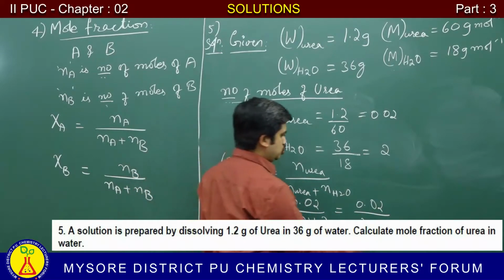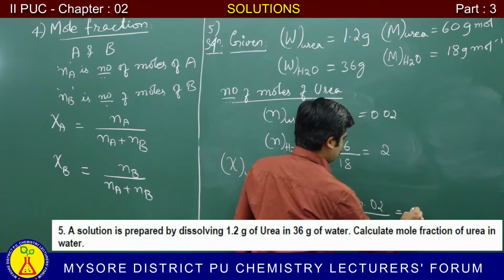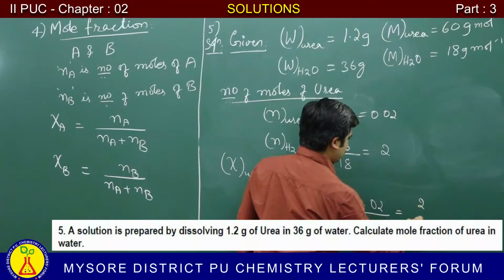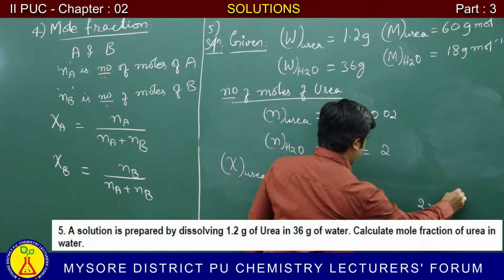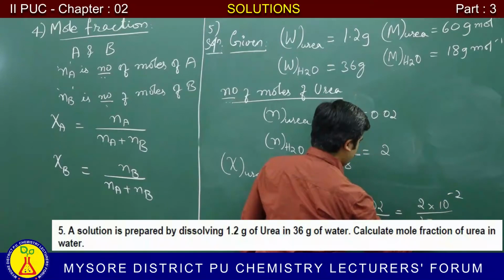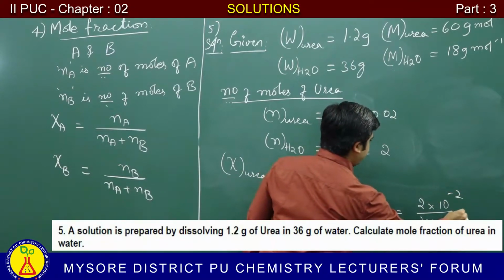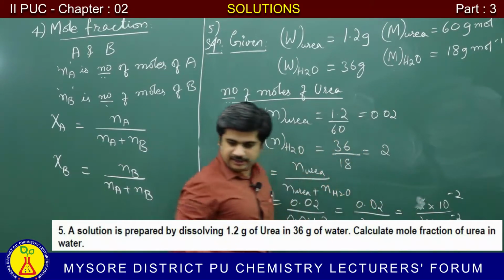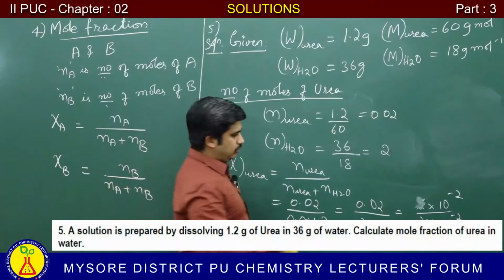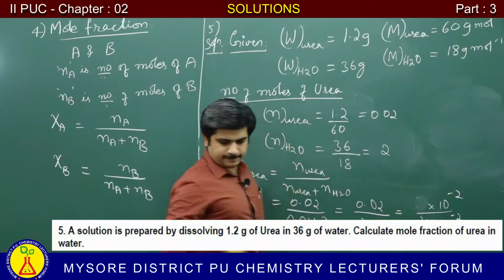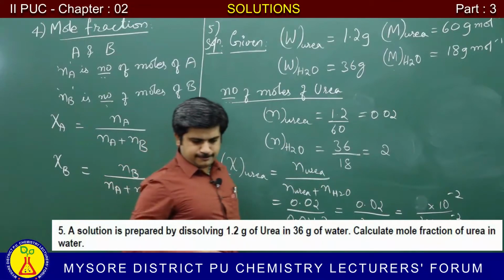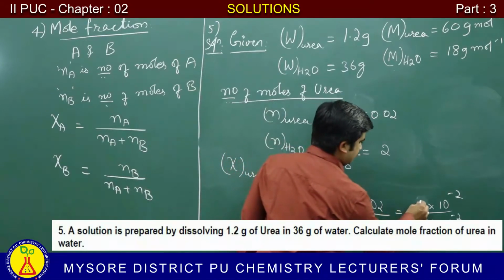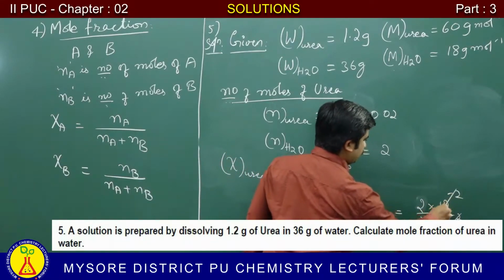This is close to 2 into 10 to the power minus 2 divided by 202 into 10 to the power minus 2. So, here we can easily cancel out 10 to the power minus 2.